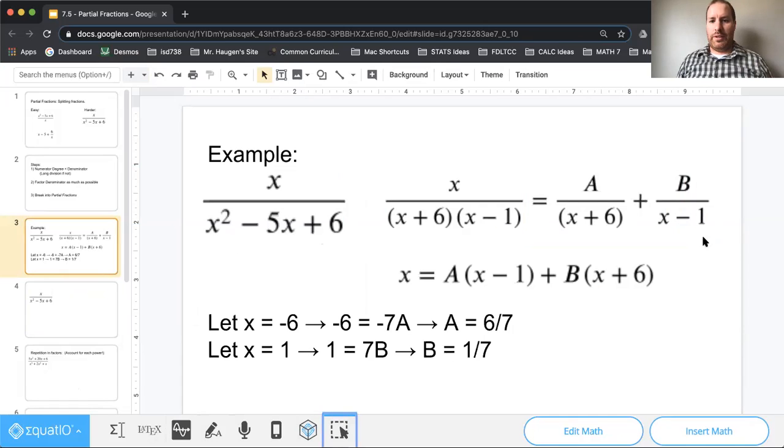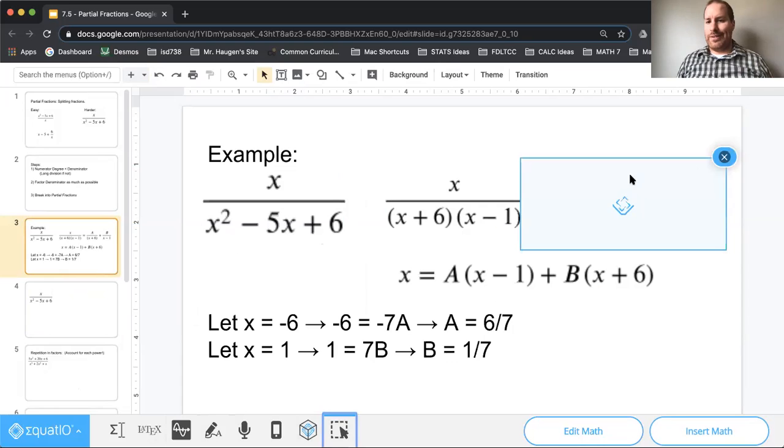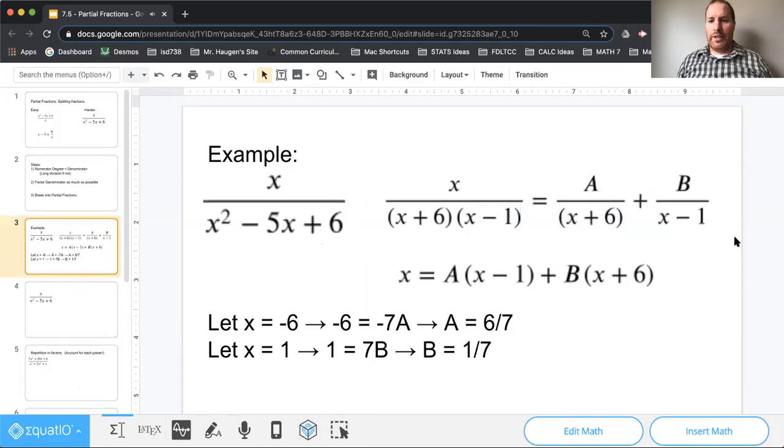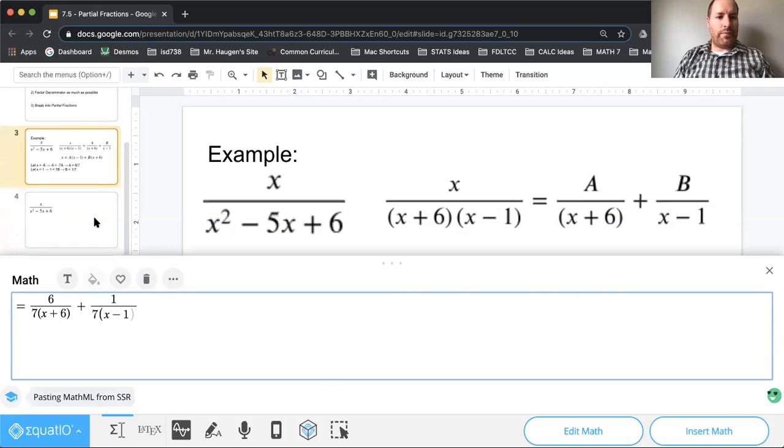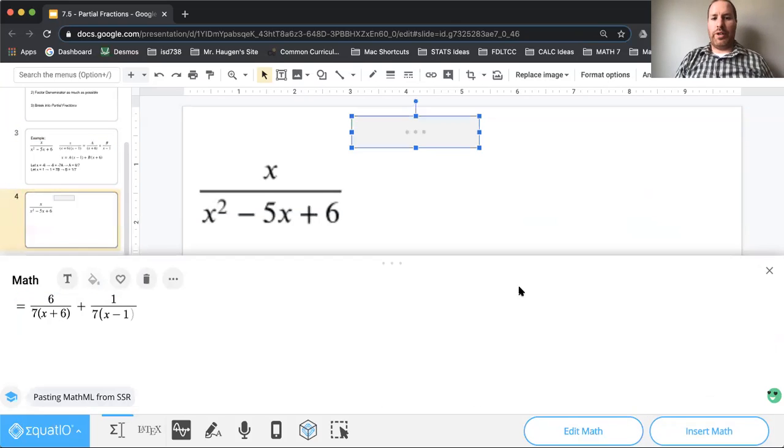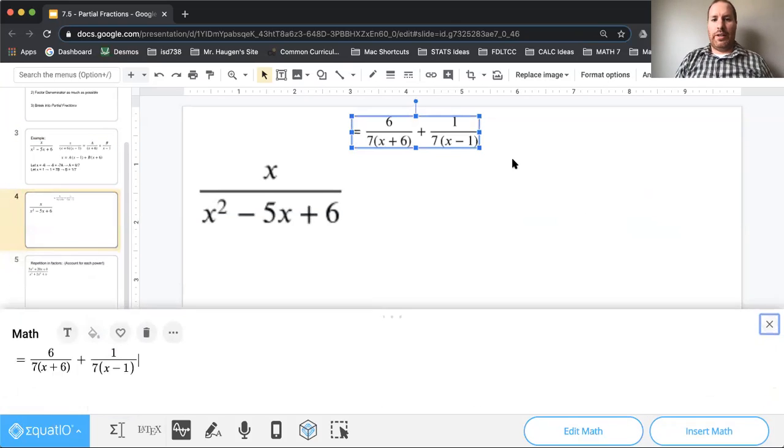Let's just edit that equation. So like we said, a is positive 6/7, so I'll put my 7 there. B happens to be 1/7, so I put my 1/7. And I'll put that stuff in parentheses there. And so that allows us to break that whole thing down.